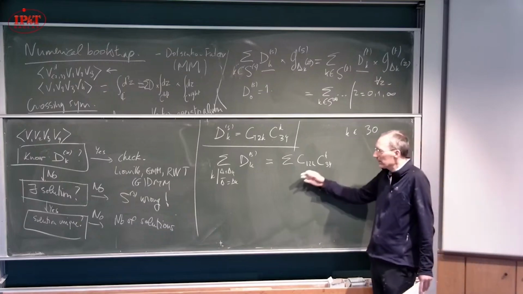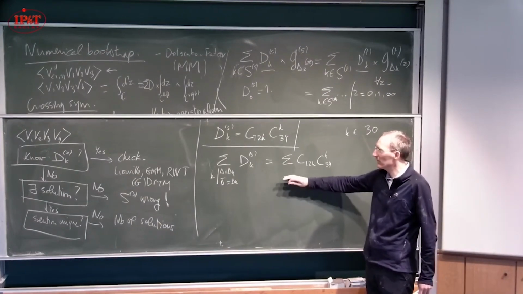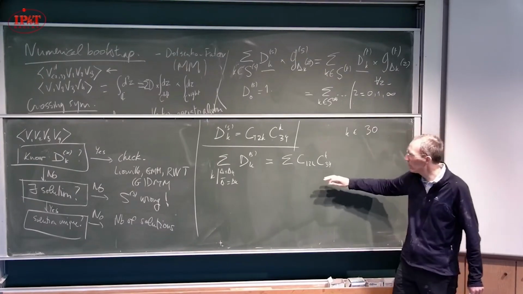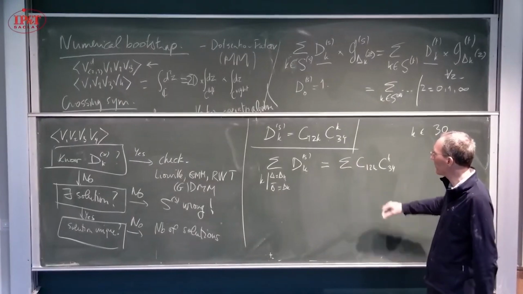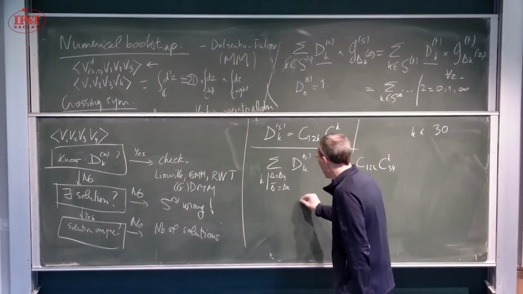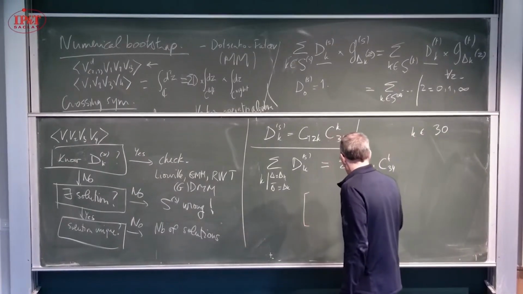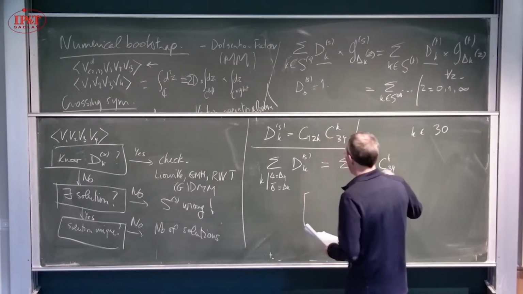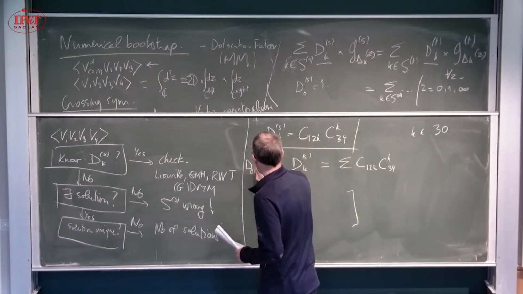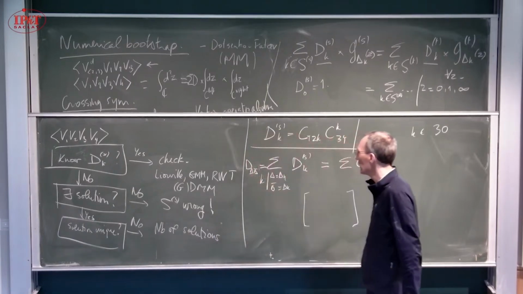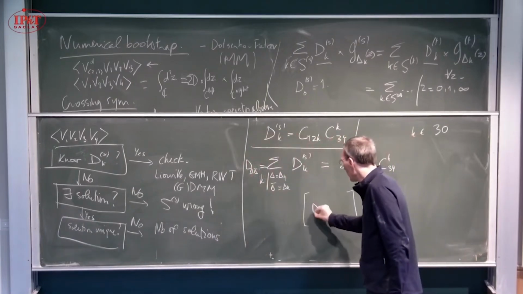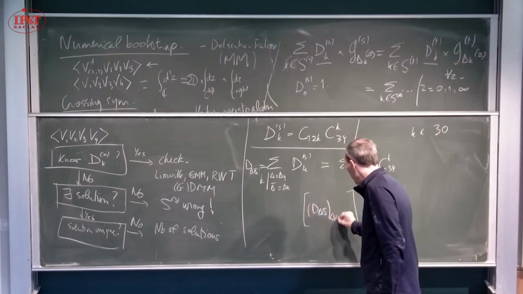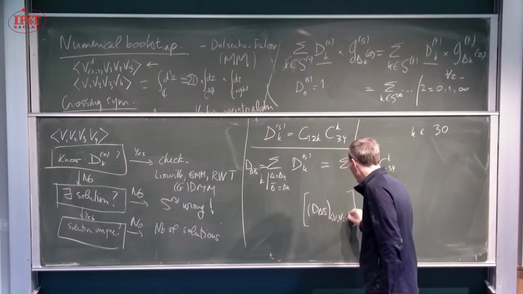Okay, so in practice, in your bootstrap calculations, you have this problem, and there is a practical way to solve it. You put your structure constants in a big matrix. So let's call it D delta delta bar, the structure constant associated to some left and right dimensions. You put D delta delta bar in a matrix where you vary the 4-point functions.